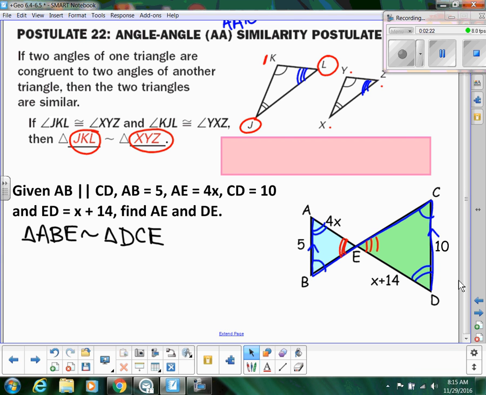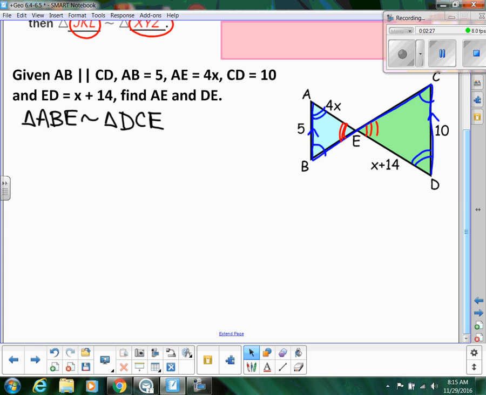Now that we know they're similar, we know that their sides are proportional, so we're going to use that. We know AB is 5, AE is 4x, CD is 10, and ED is x plus 14. We have to find AE and DE, so we have to solve for x.